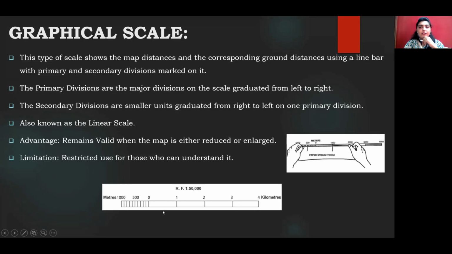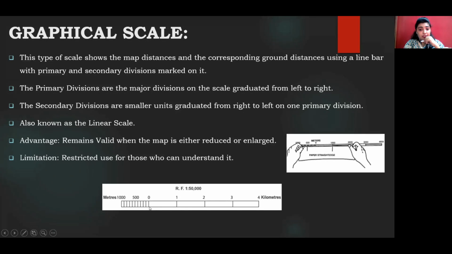But say somewhere, after measuring with the help of a thread, my starting point is 0, and my ending point is somewhere between 1 and 2. So what I do is take that distance, after 1 and in between 2, and put it over here in this part for my secondary division.